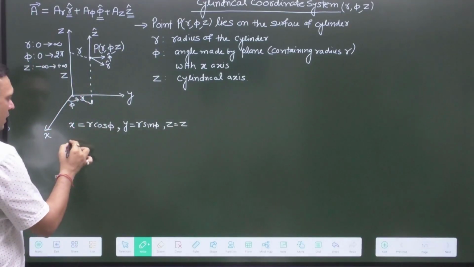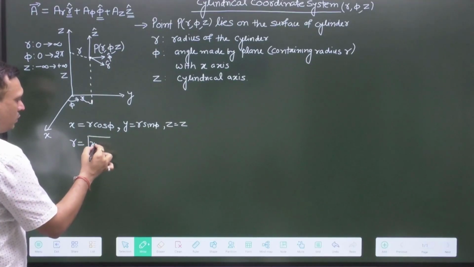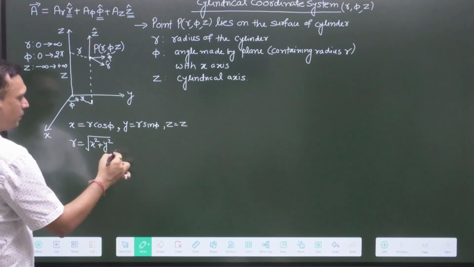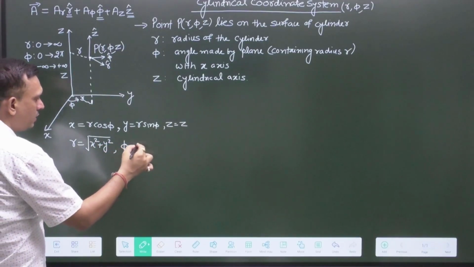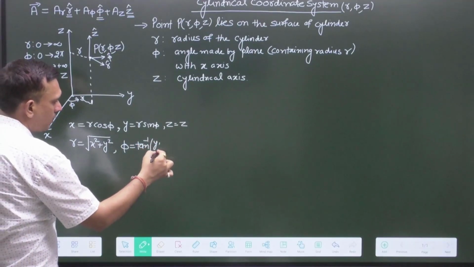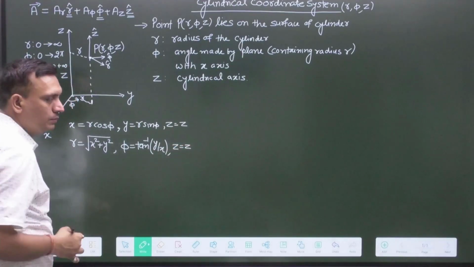Now if you have to write r here, r will be under root x square plus y square. Phi is tan inverse y by x, and z is z.